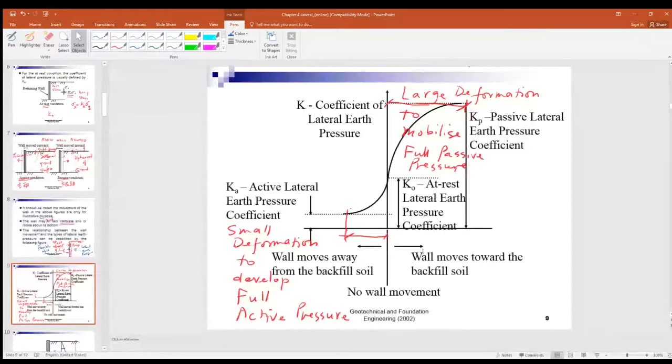Here is the movement. If the wall moves in, that's in, and that will be out. If the wall moves out, that is the active pressure.